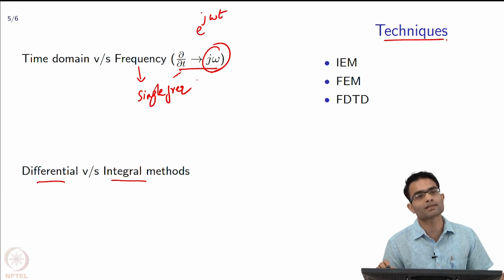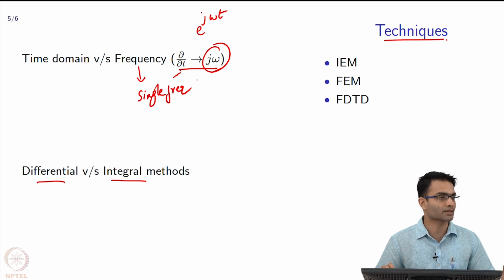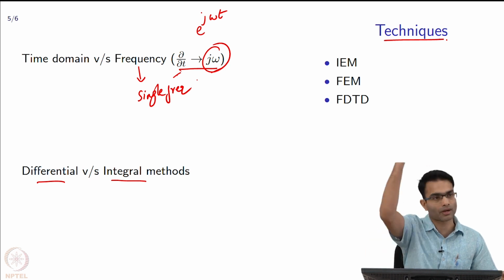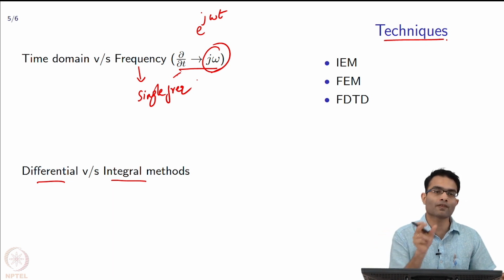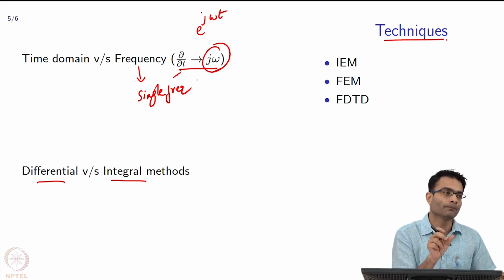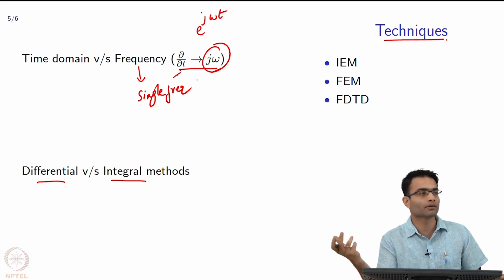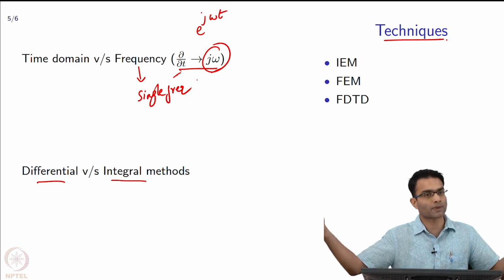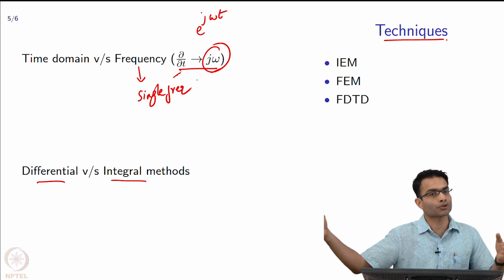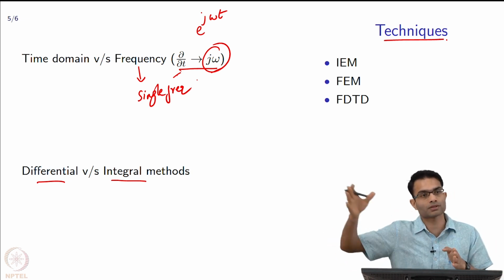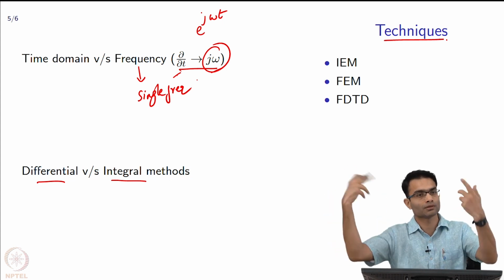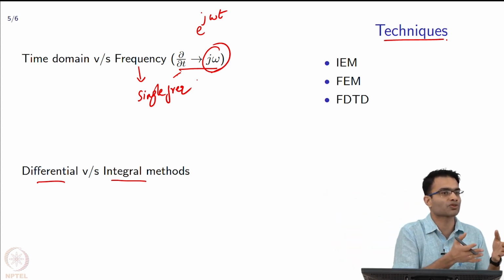On the other hand, let's say you have a situation where there is some transient response that you are interested in. You turn some switch on, and there's some transient thing that happens. What happens when I have a very short-lived signal in time? What is the frequency content? Very large, it's spread out in frequency. So if I wanted to solve this problem in the frequency domain, I'll have to solve for various omegas, then take the inverse Fourier transform and get the time response.